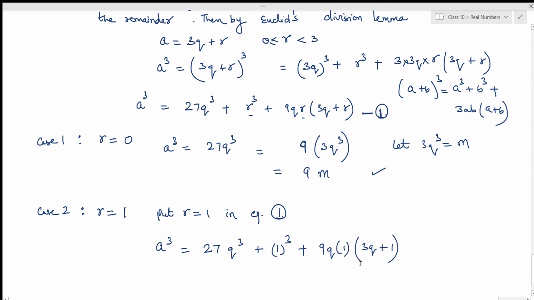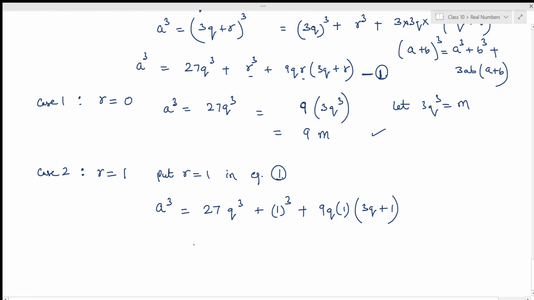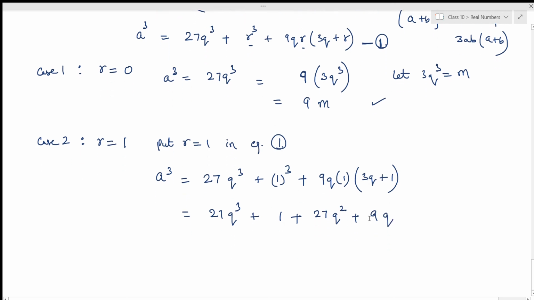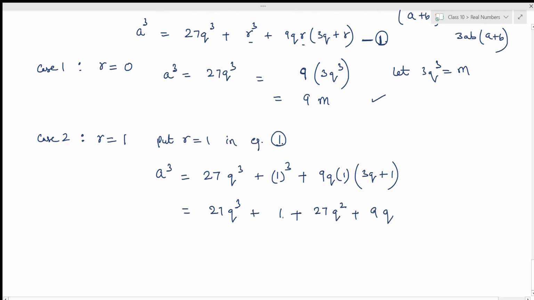Let's multiply everything. You will get 27Q cube plus 1 plus 27Q square plus 9Q. Now I'll take 1 outside: 27Q cube plus 27Q square plus 9Q plus 1.